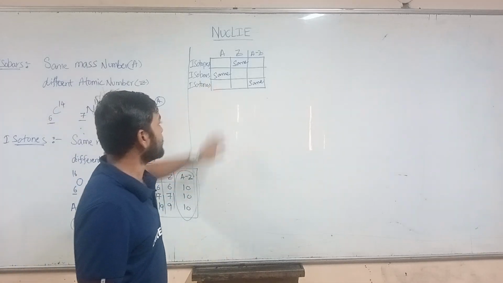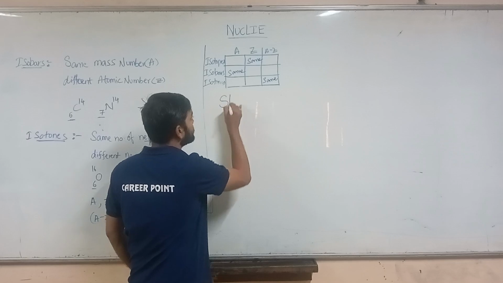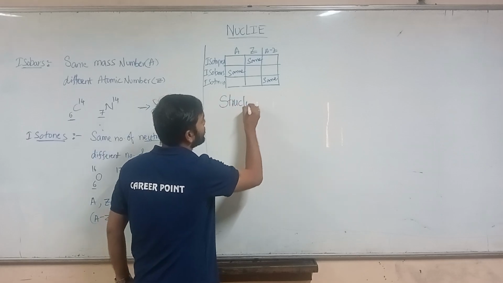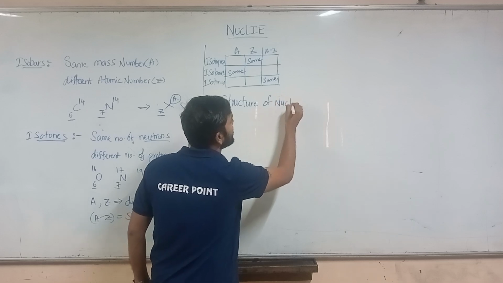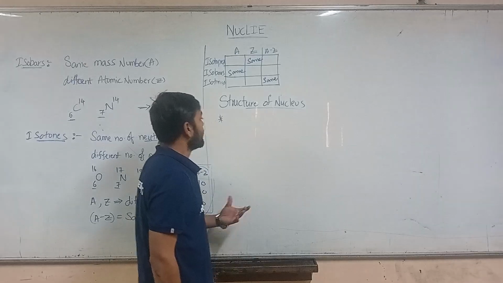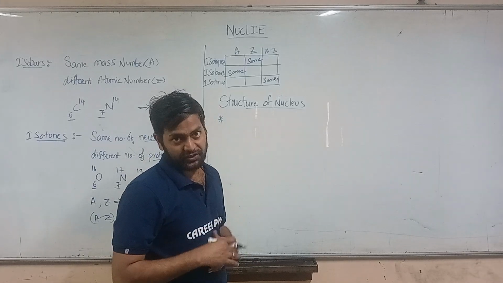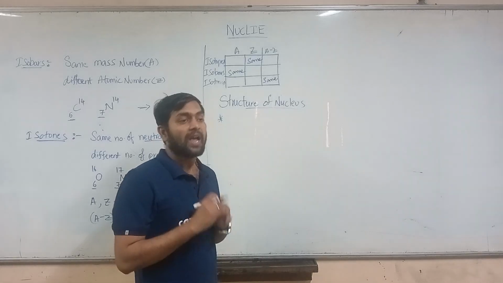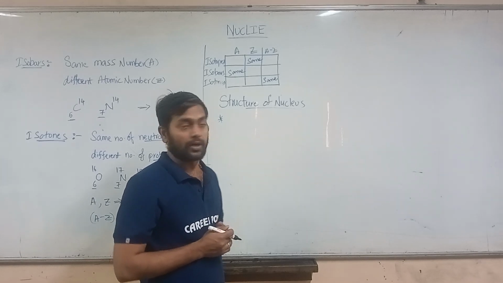Okay, now the structure of the nucleus. So for the structure of the nucleus, generally we consider a spherical shape, a spherical shape having no boundaries. That was observed by Rutherford.